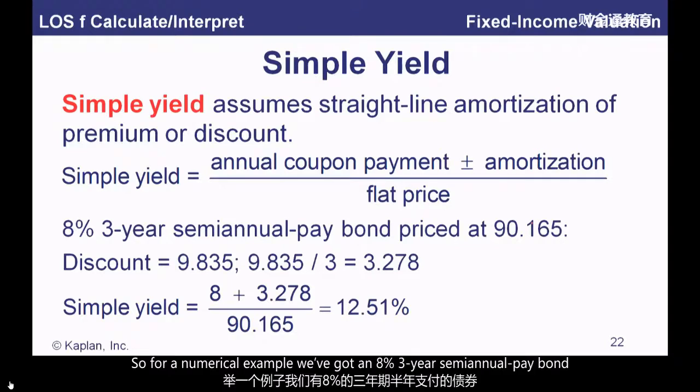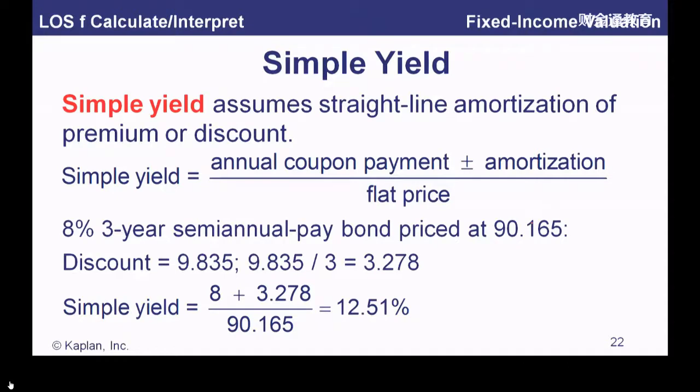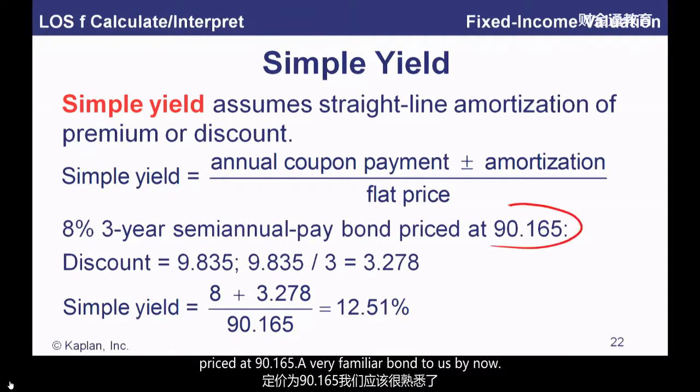So for a numerical example, we've got an 8% 3-year semi-annual paid bond priced at 90.165, a very familiar bond to us by now. So what is the discount from face value? The discount from face value is 9.835% of face value, or $9.835 per $100 of face value.